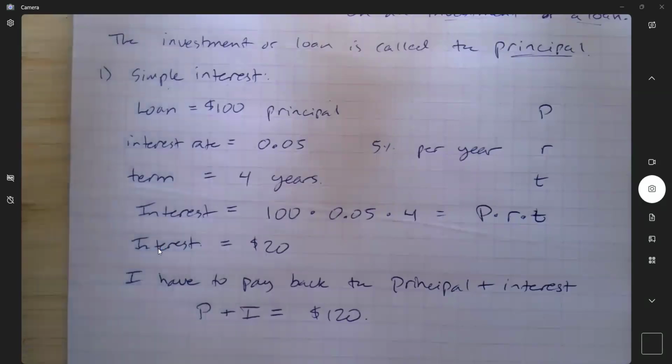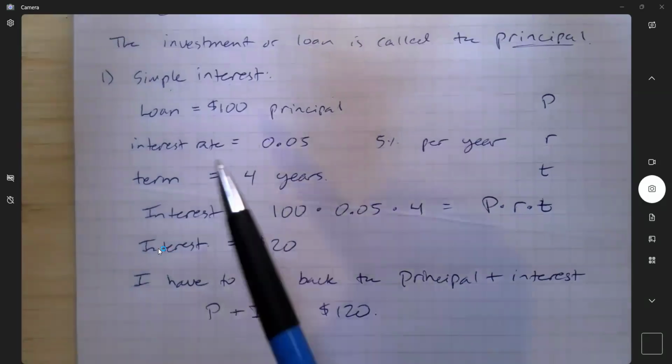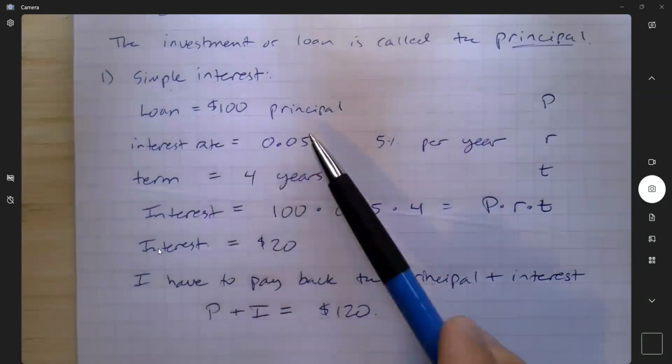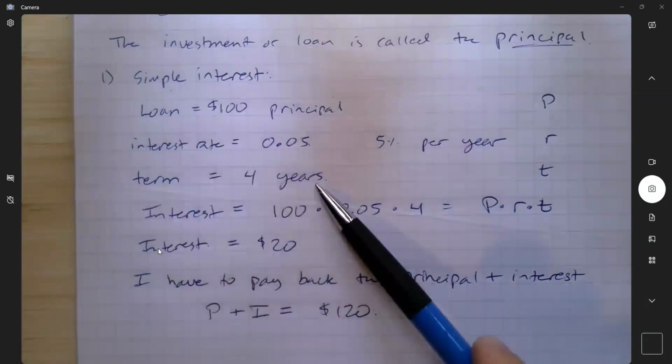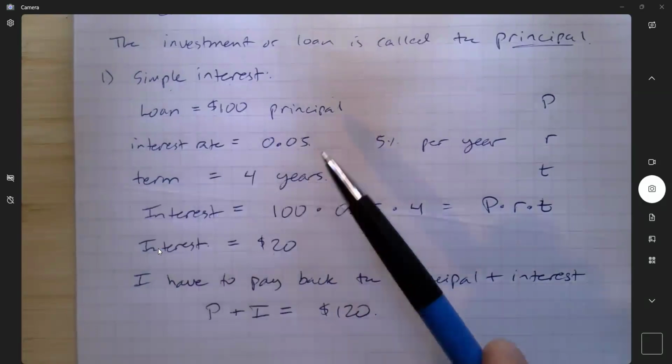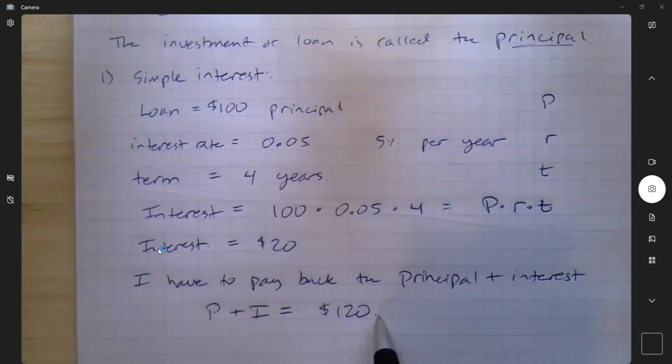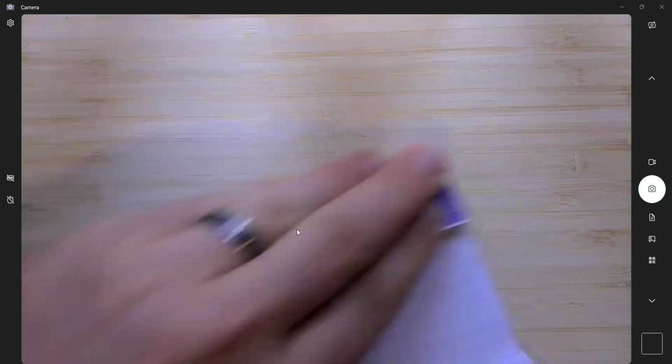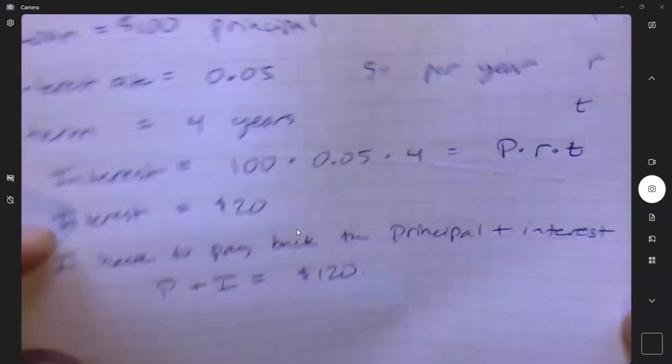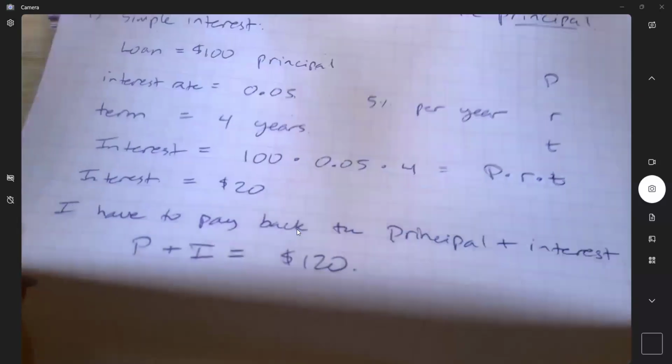There are loans that work like this, where you have a fixed amount, an annual interest rate, and a loan term, and you're just expected to pay back the principal and the simple interest at the end of the loan. Simple interest is fairly straightforward. There's not a lot of calculations to it. It's not really exponential in any way.